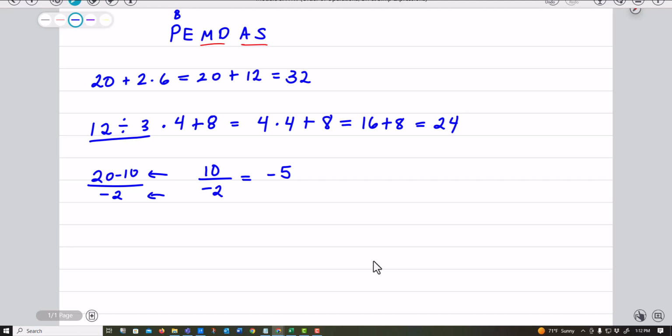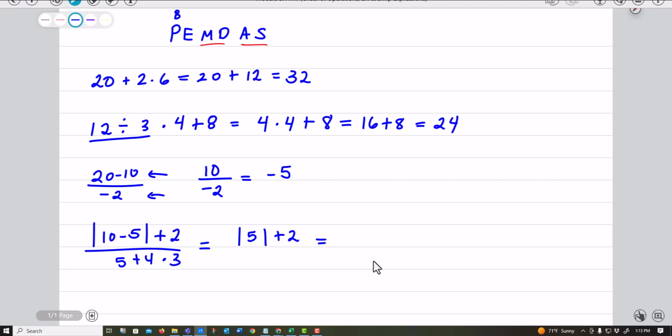If you have something a little more complicated, like absolute value bars, 10 minus 5, plus 2, and then 5 plus 4 times 3. Once again, you want to do the top first, and brackets, absolute value is brackets, so 10 minus 5, absolute value of 5, plus 2. I just do all the top together.